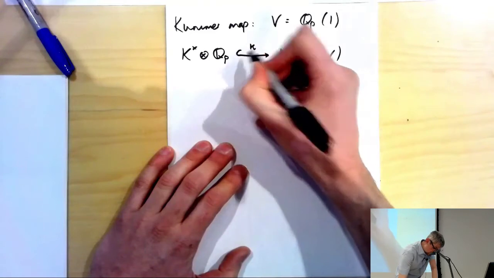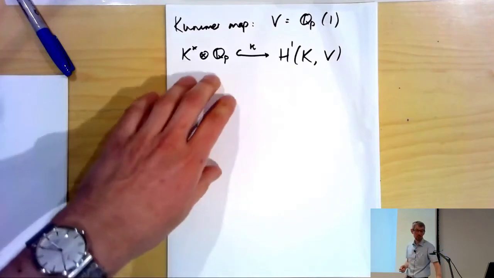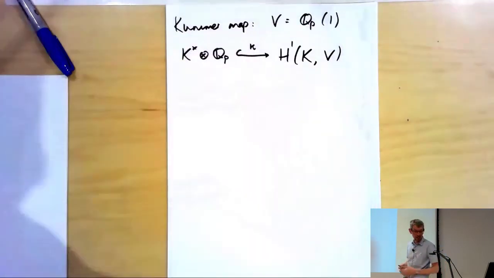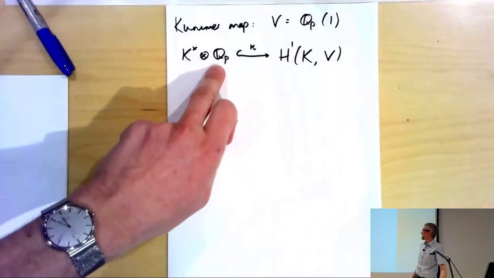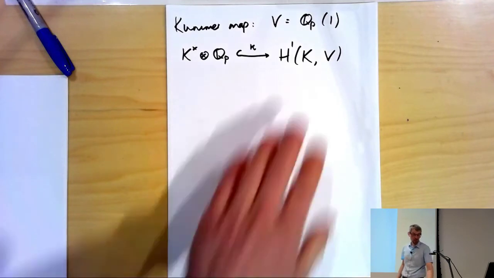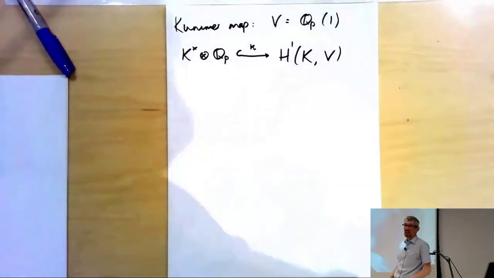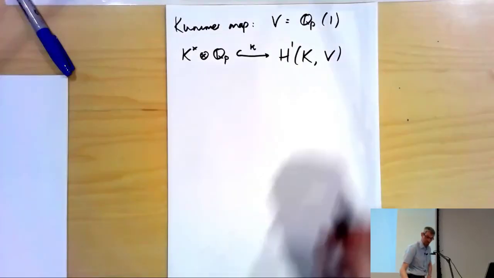And this map's actually injective. It's almost an isomorphism. The defect of it being an isomorphism is just that you need to p-adically complete on this side. But in particular, it's injective. And this guy, for a number field, is an abelian group of countably infinite rank. So obviously this thing can't be finite dimensional if we're putting countably many copies of QP inside it.